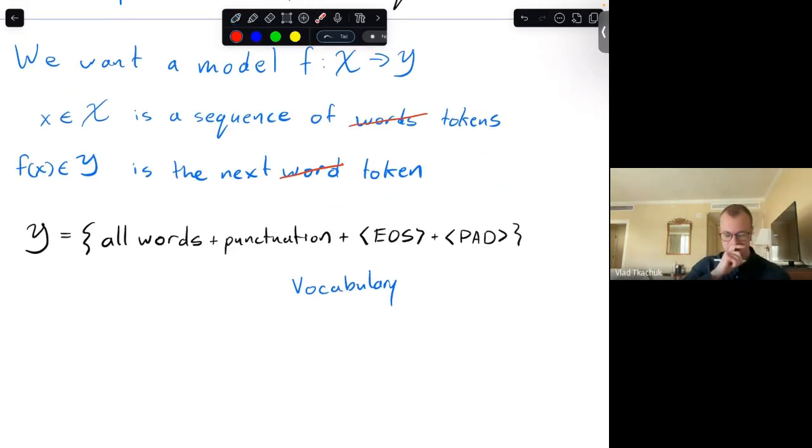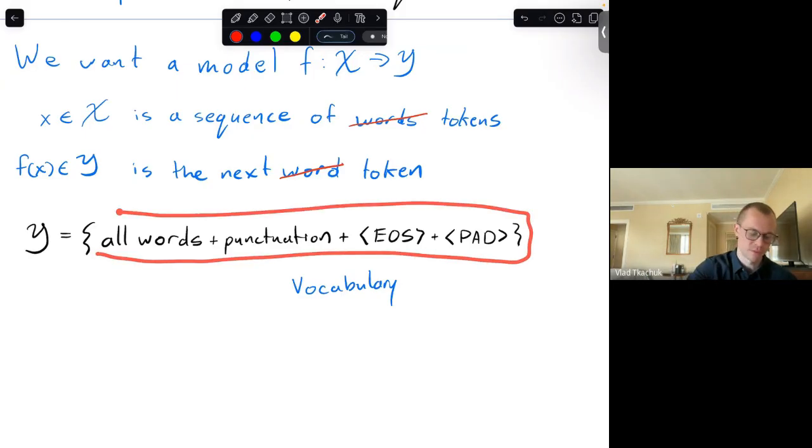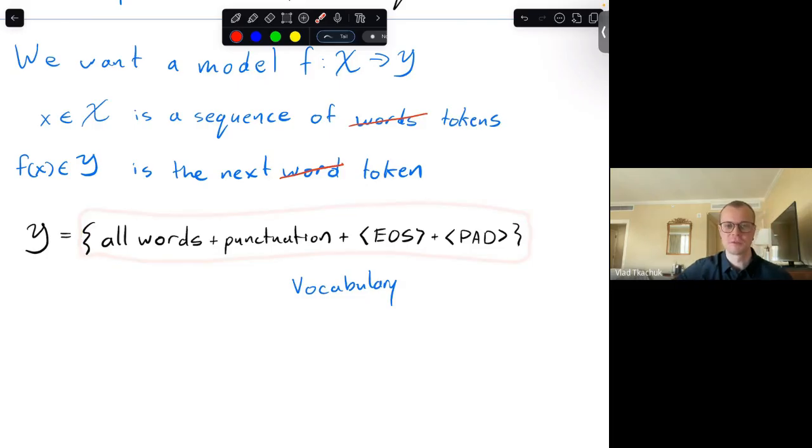To make this easier to work with mathematically, remember you can think of this as a bunch of different labels or classes. We've seen this before with classifying pictures, where you might have had a set of cats, dogs, elephants, giraffes. Now we have other discrete objects, which are words, punctuation, and so on. Similarly, there's some finite number of them.